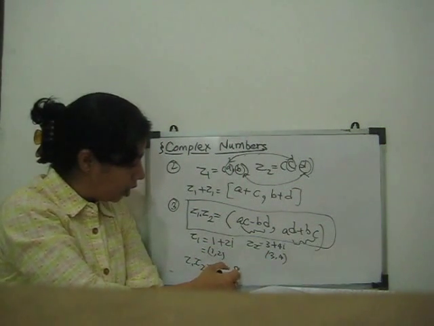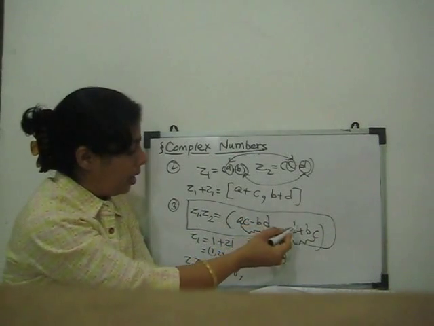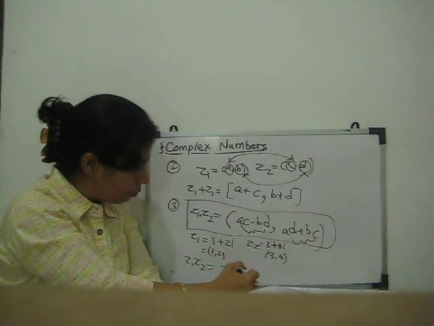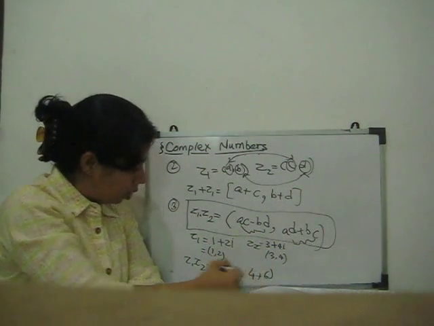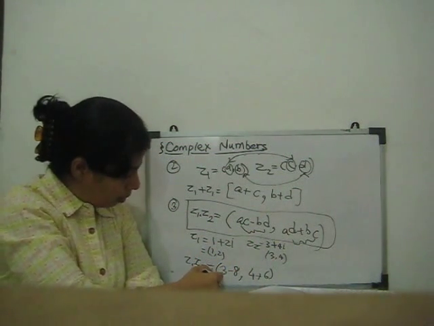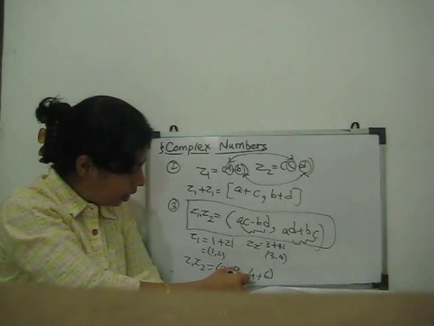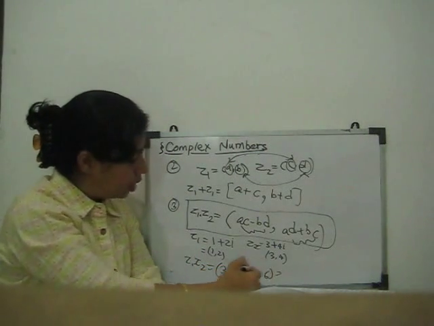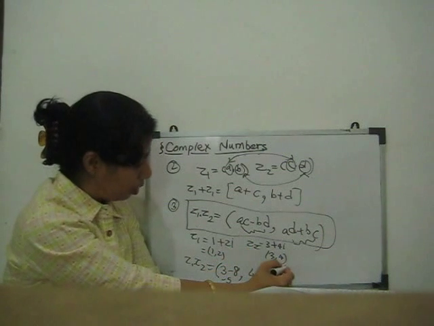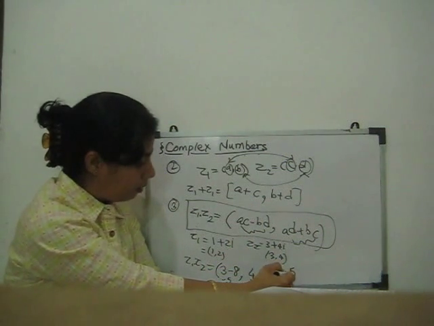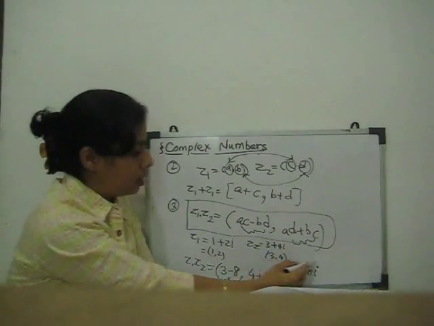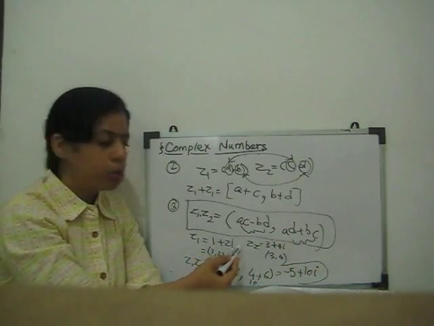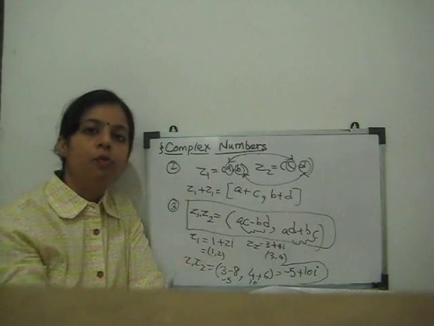Then ad: 1 into 4 is 4, plus 3 into 2 is 6. So the new number is minus 5 comma 10. So the multiplication of these two numbers is minus 5 plus 10 iota. This is the multiplication of 1 plus 2 iota and 3 plus 4 iota.